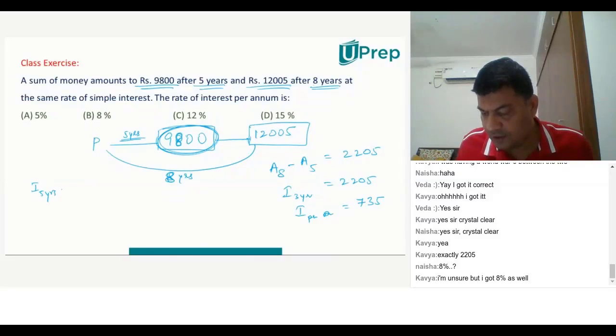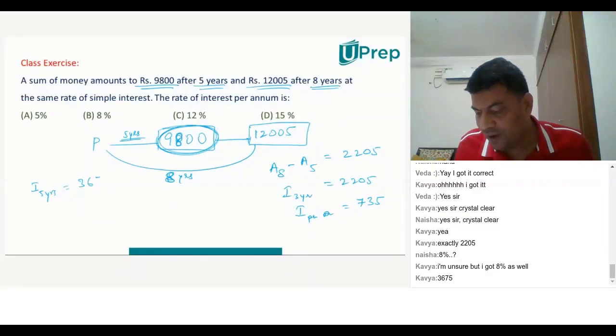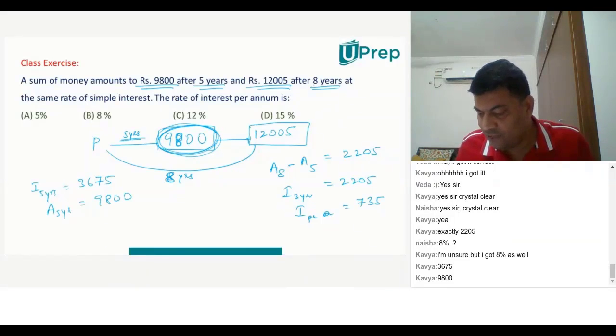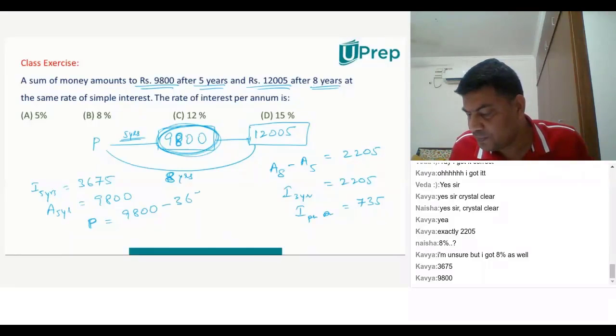3675. Now interest for 5 years is 3675, and amount for 5 years is 9,800. Therefore, principal will be 9,800 minus 3675.